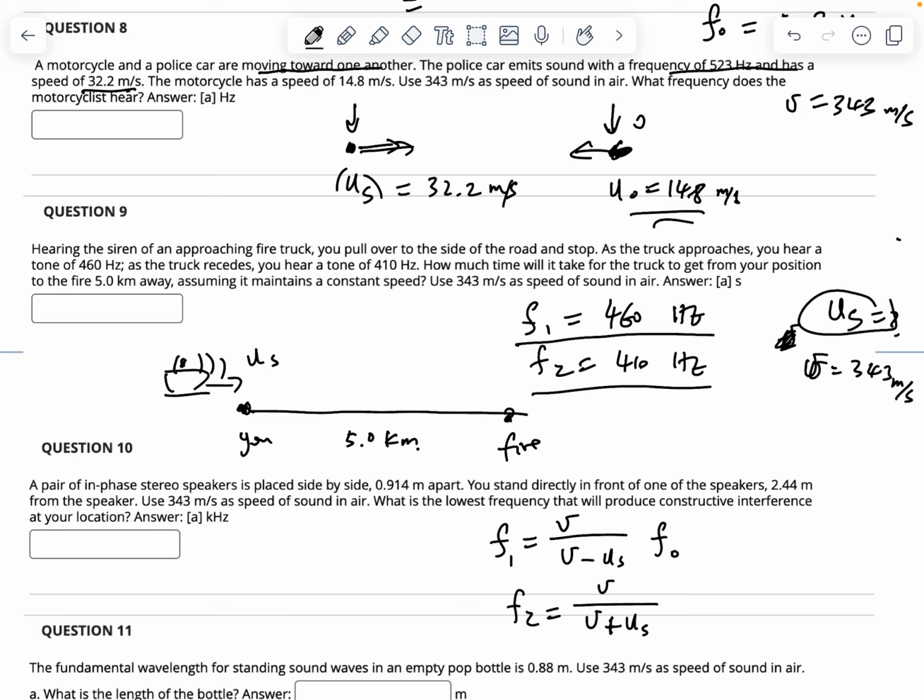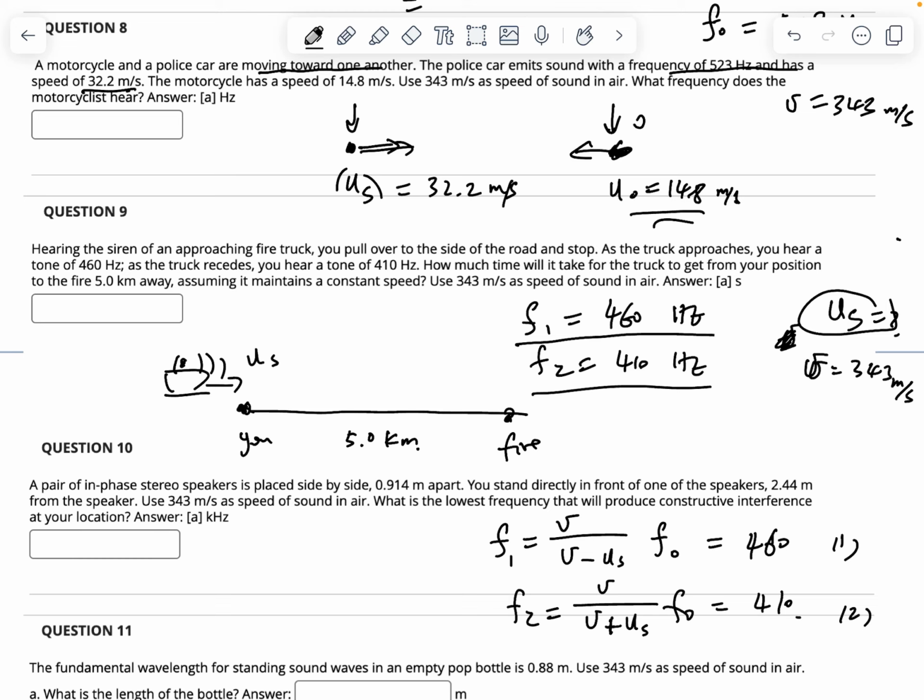So plus, move away is plus, right? F naught. Okay, so this is equal to 460. This is equal to 410, right? So this is 1, this is 2. You do the ratio.